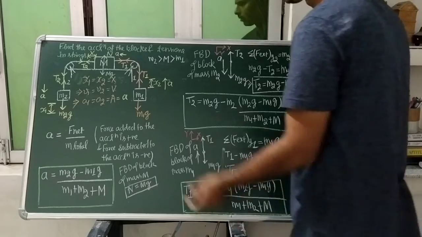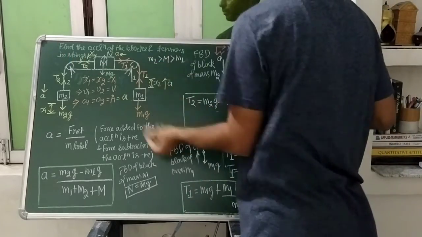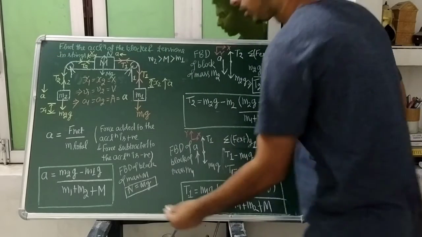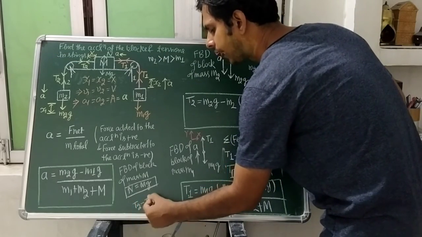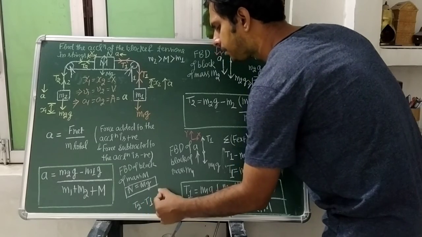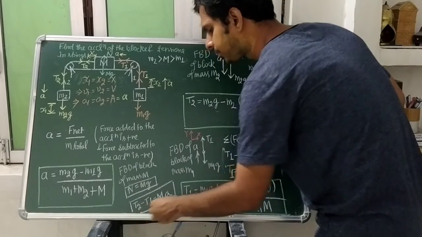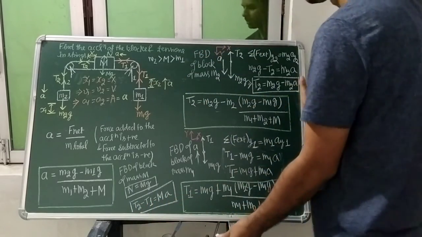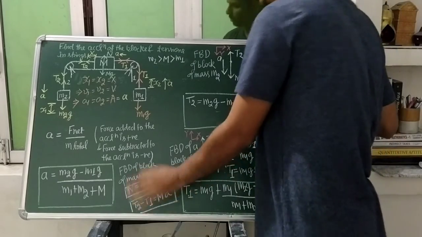And of course, when you talk about the x direction, so if you assume this side as your positive, so T2 minus of T1, that should be equals to what? Capital M times A, isn't it? Capital M times A, and from there you can get whatever you want to know. I think everything has come to know.